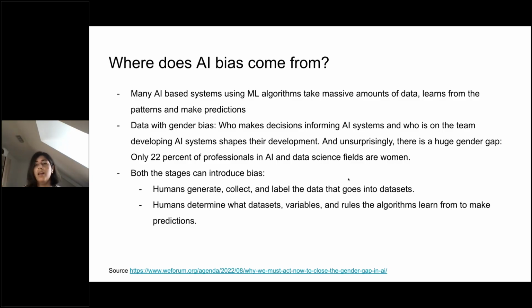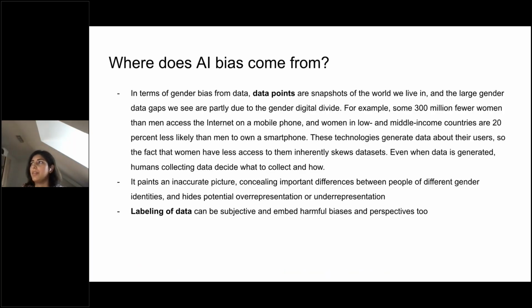So of course, the bias can come from gender as well. In short, in this whole pipeline of generating, collecting, and labeling the data, then creating the features, creating the model, and then making the predictions, humans are involved in all of these steps. And because humans are involved, we inherently have some biases. Then the data already has the biases because we, in the end, generated such data. So these are the reasons for the biases.